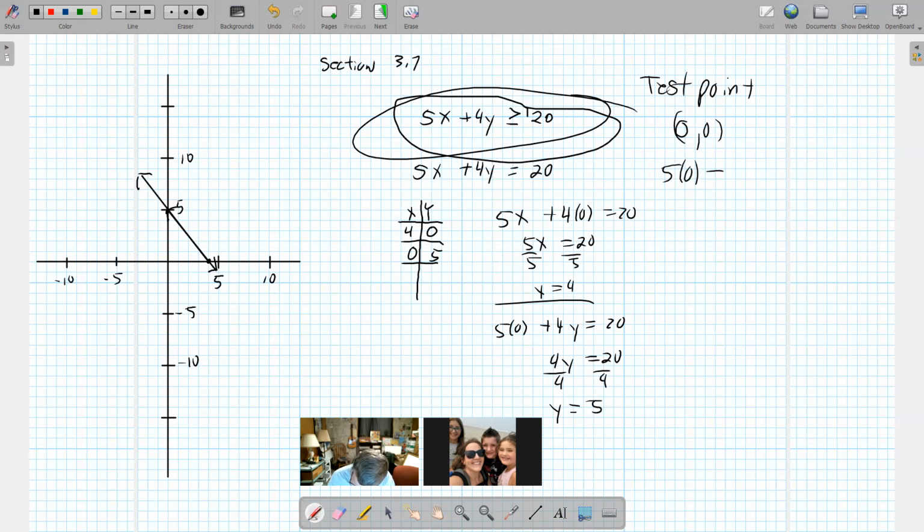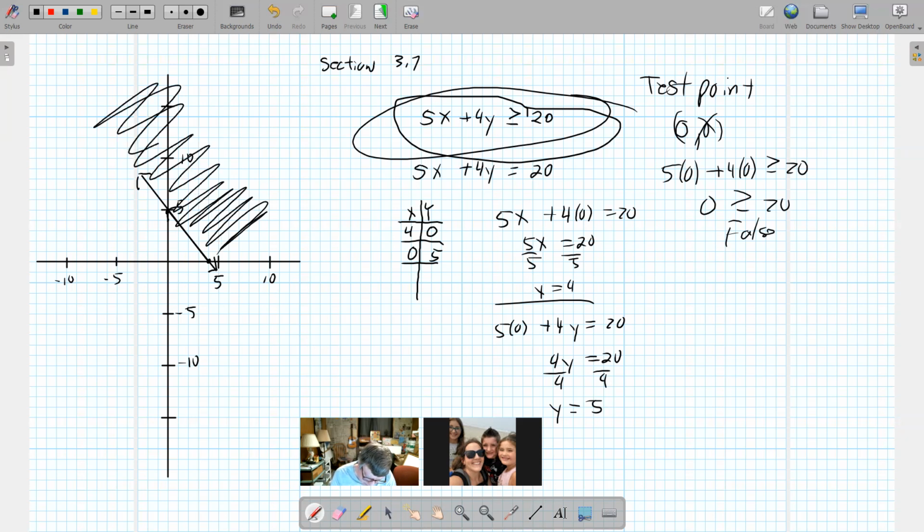So 5 times 0 plus 4 times 0 greater than or equal to 20. 0 greater than or equal to 20, that's false. So the test point's no good. So that means that instead we're going to be above the line. Okay. So the solution would be the solid line and shaded above the line.